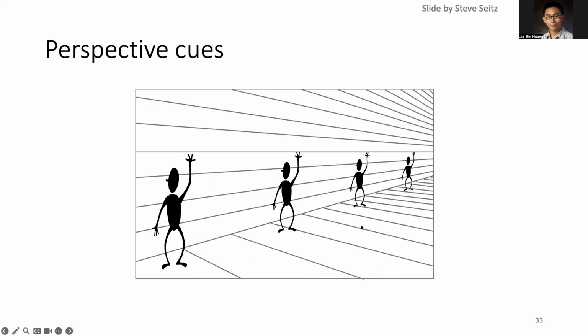All these objects should be the same. We use this a lot in our daily life, so that even if the image size is very different, because you use perspective cues, you can make sense of the objects.